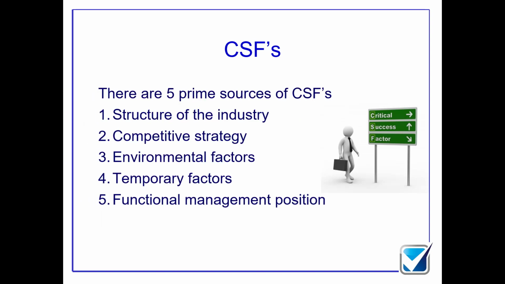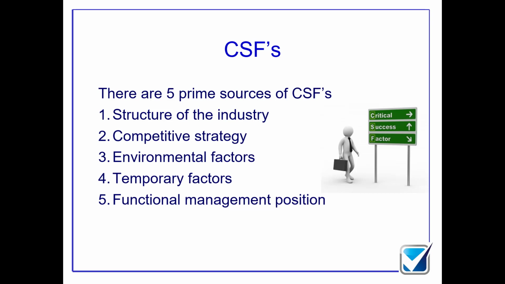So you've got areas such as the structure of the industry. And the example we always use here is a car manufacturer and a tuition provider would have completely different types of critical success factors because they operate completely differently. A competitive strategy, such as Porter's generic strategy of cost leadership, product differentiation, that will now lead to different types of critical success factors.